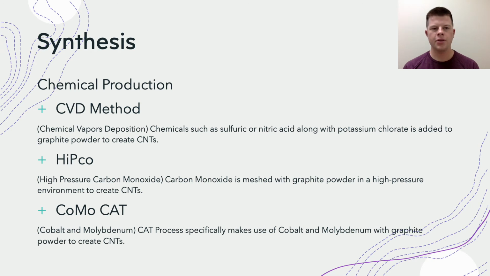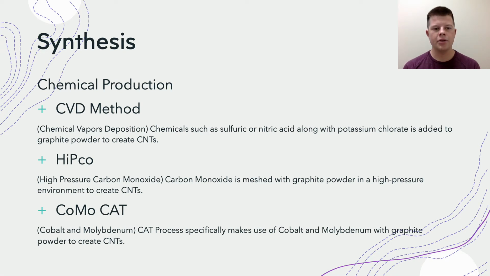So here we have the chemical production methods for creating CNTs. You have the CVD method, which is the chemical vapor deposition method. You have what I call the HiPco method, or the high pressure carbon monoxide method.